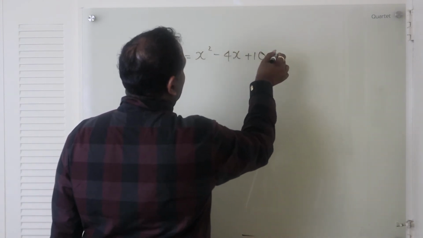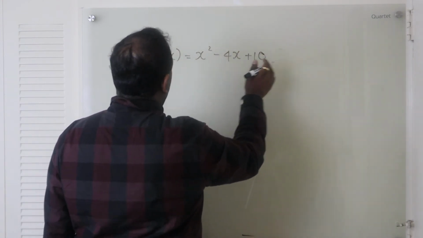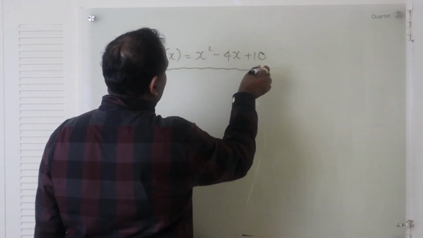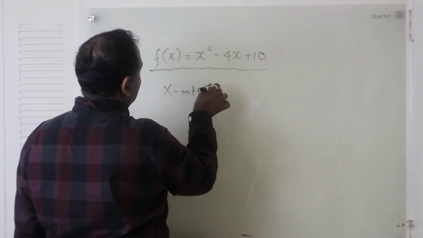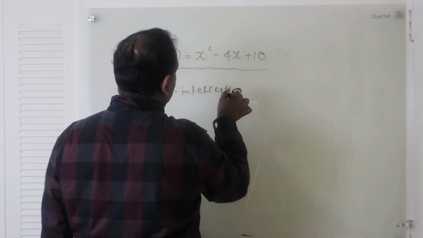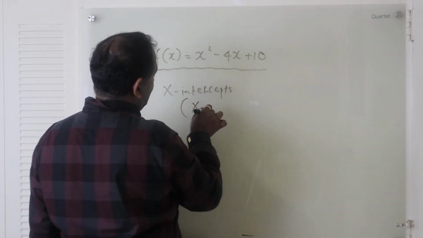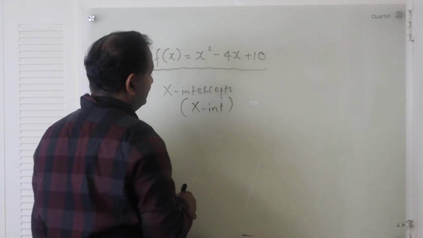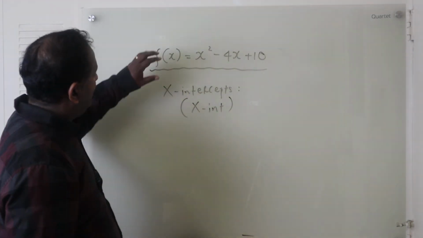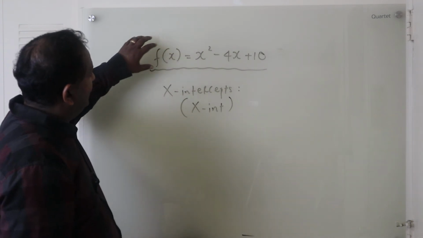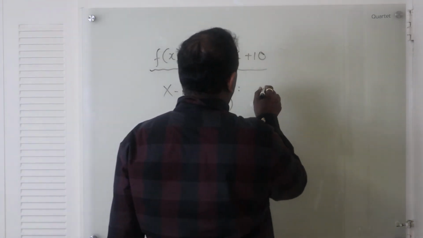For this one, I'm going to find the x-intercept, x-int. In order to find the x-int, you set y equals 0.